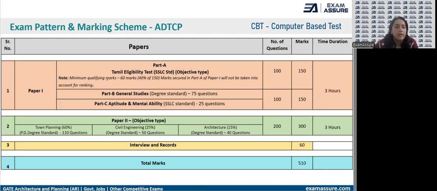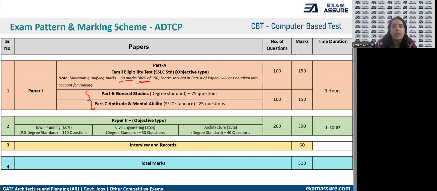So for paper 1, part A, the Tamil eligibility test, the candidate shall secure a minimum of 40% of 150 marks. That is at least 60 marks in the examination. If you get the minimum qualification of 40%, that is 60 marks in part A, then only your paper for part B and part C will be checked.